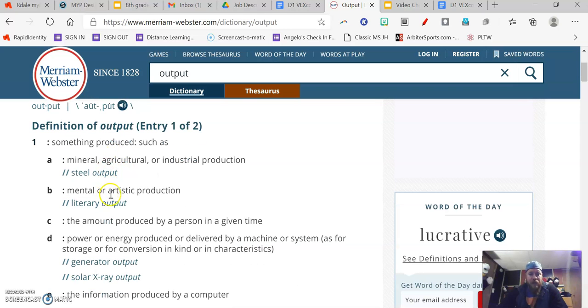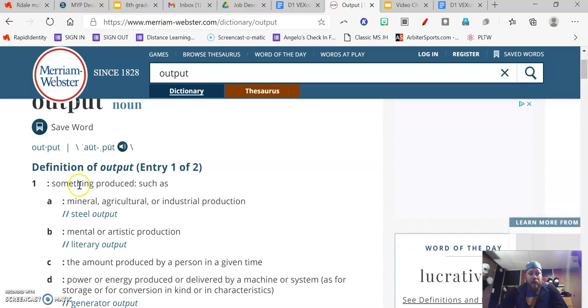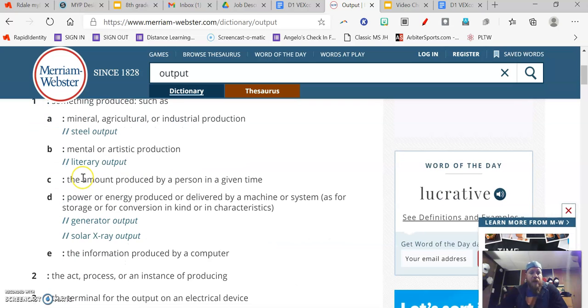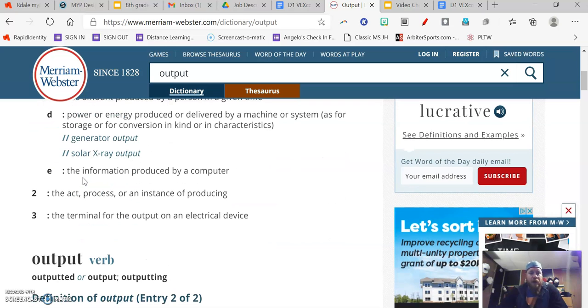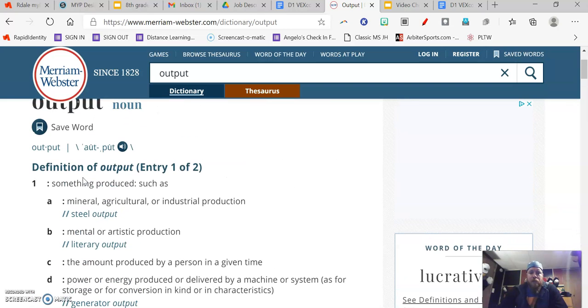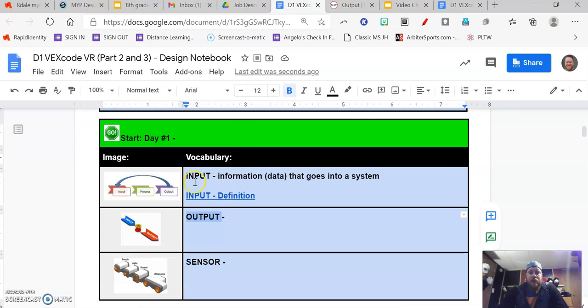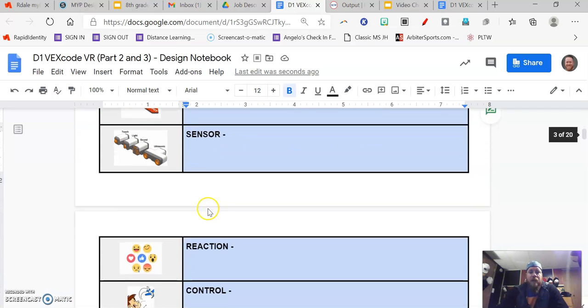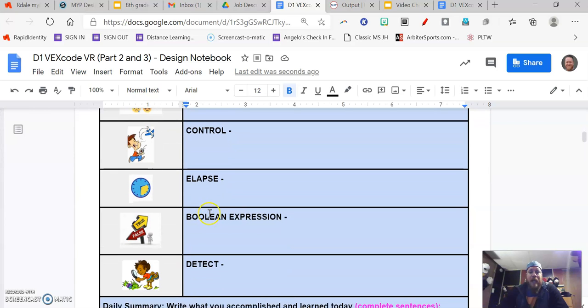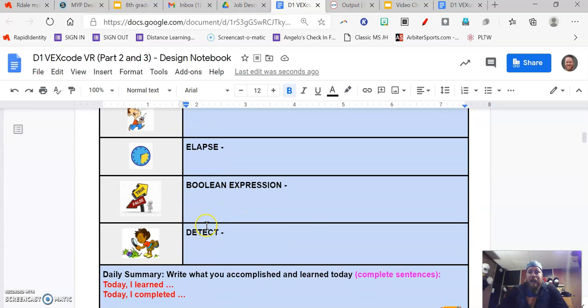As you go through these definitions, there are a lot of different definitions for the word output. What does it mean as it relates to computers and computer processing? Go ahead and finish those definitions: input, output, sensor, reaction, control, elapse, Boolean expression, and detect.